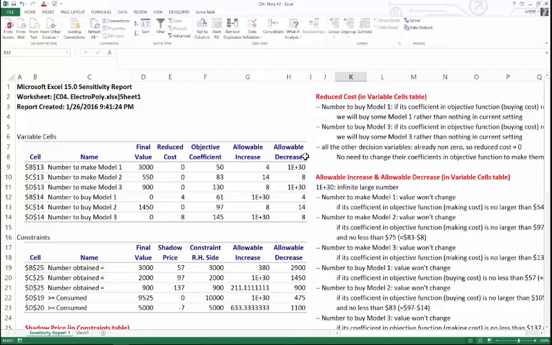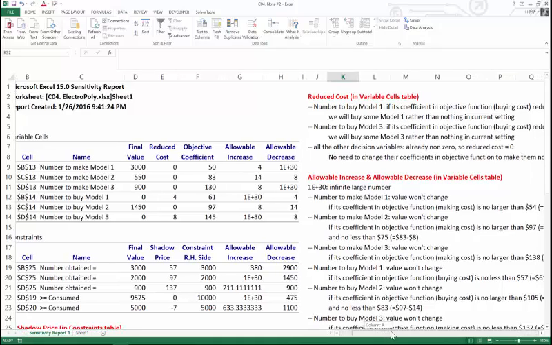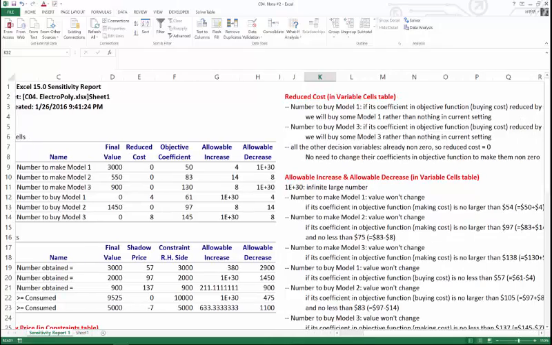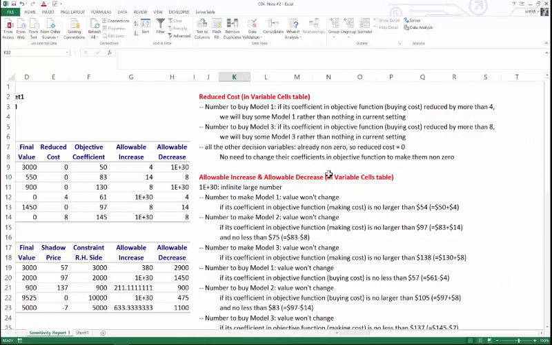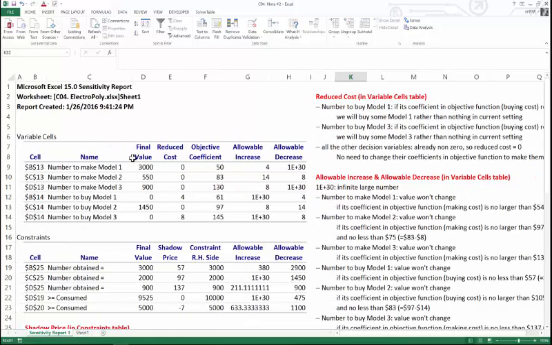That means no matter how much you decrease the cost for making model 1, you can decrease it as cheap as possible, even go negative, and the optimal solution won't change. You will always make 3,000 for model 1.